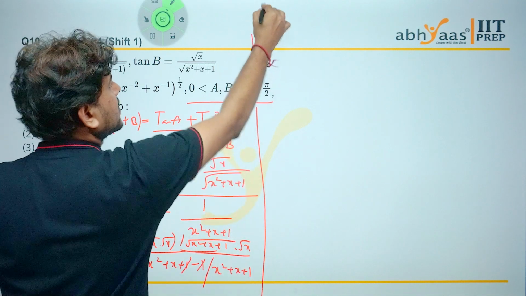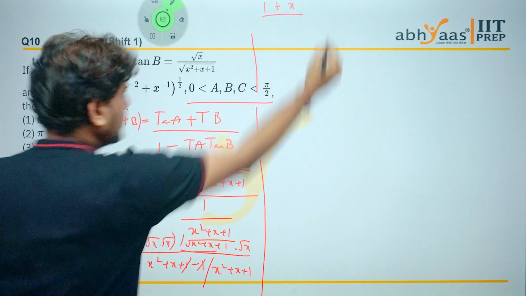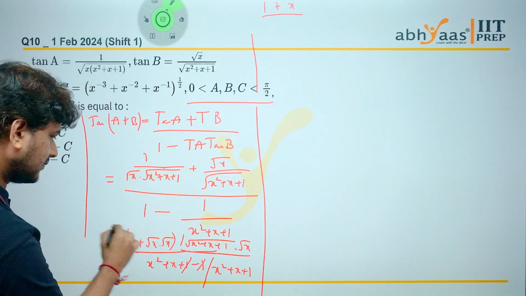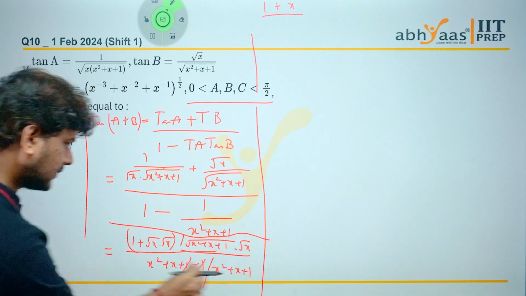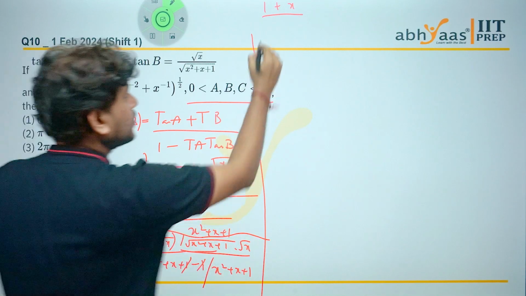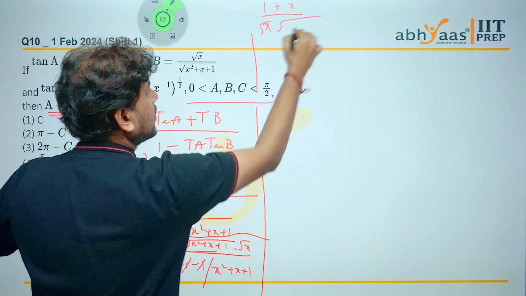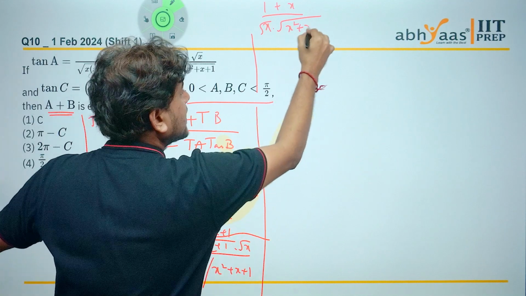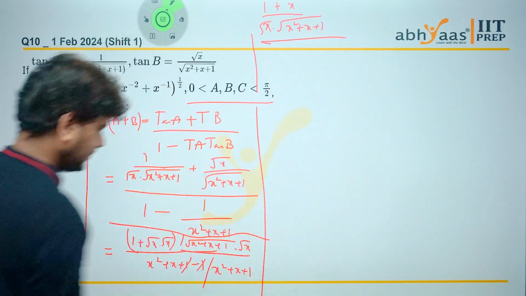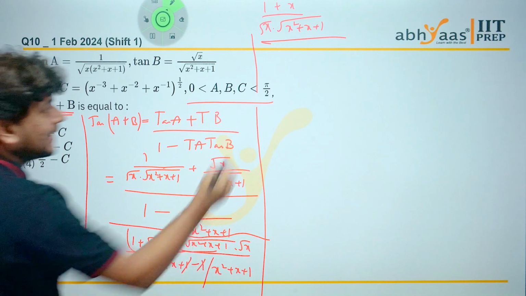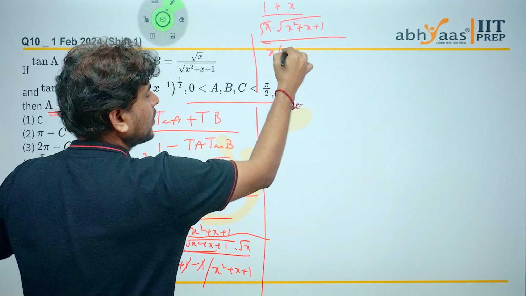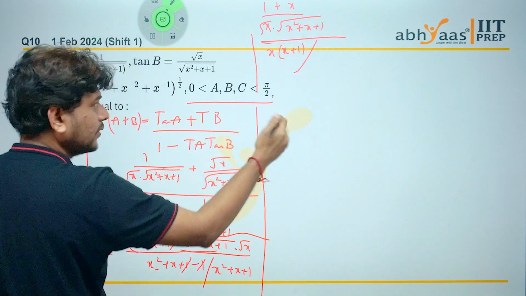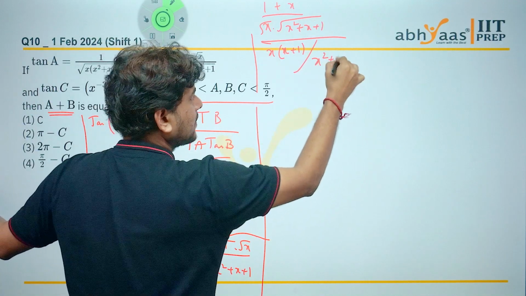So I am using this place. 1 plus x by root x into root x square plus x plus 1, plus x plus 1 by x square plus x. If we take x common, that will be x plus 1 by this value, x square plus x plus 1.